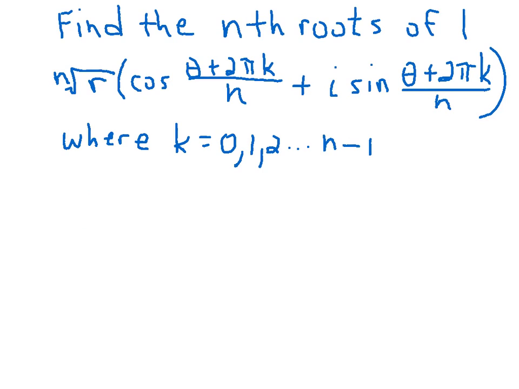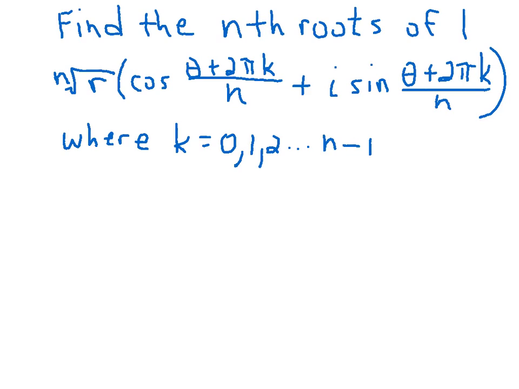I want to consider what the nth roots of 1 are, only using a method that's going to work for any value of n. For our purposes, I want to show the sixth roots of 1 again, and I want to use this other method using the roots of a complex number just to prove that it doesn't matter which method I use, both methods will give us the same answers.